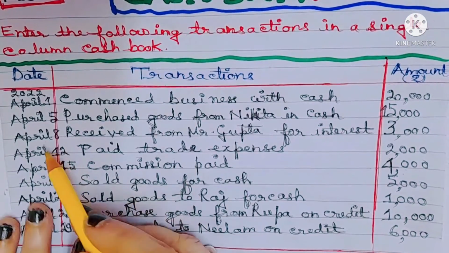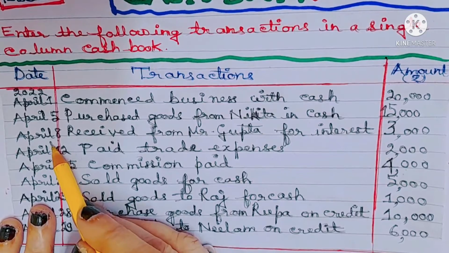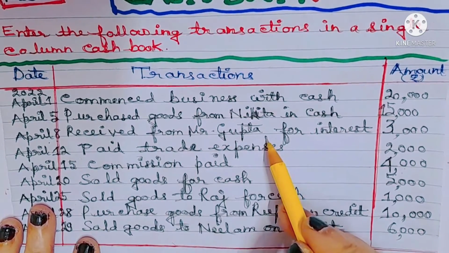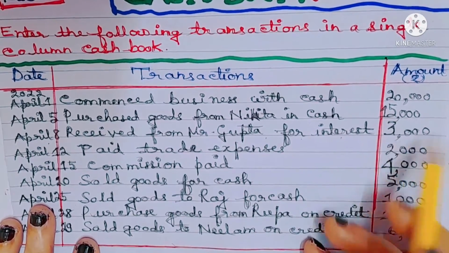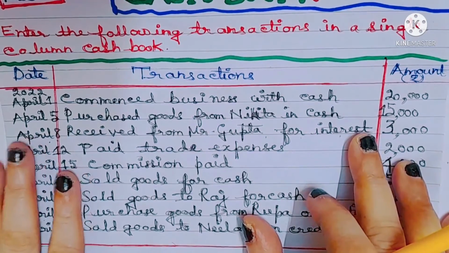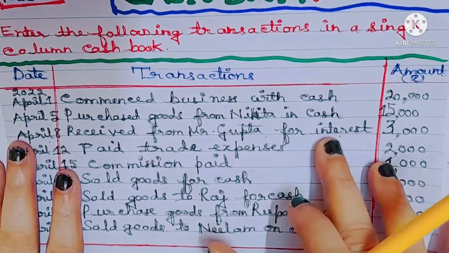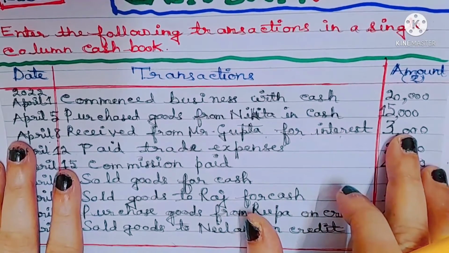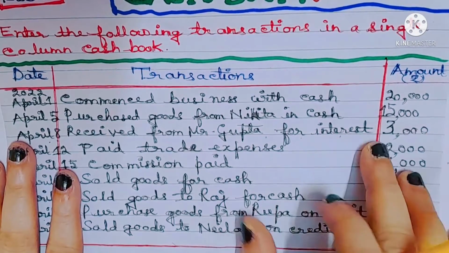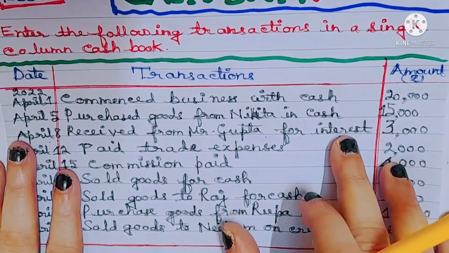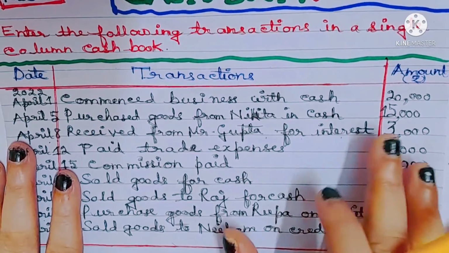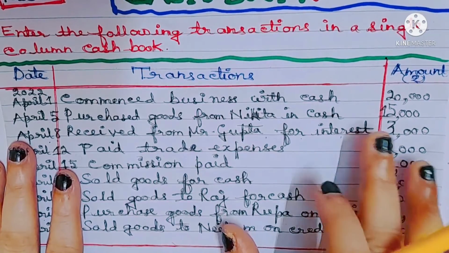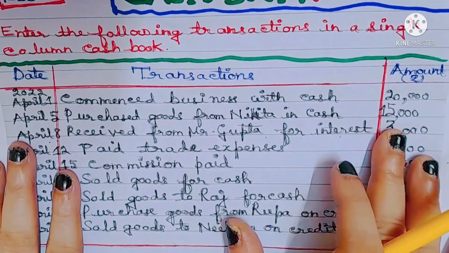The next transaction is on 8th April, received from Mr. Gupta for interest 3,000. So what will be the journal entry? The journal entry will be cash account debit to interest account 3,000. Okay. So what is the position of cash account? Since cash account is on the debit side, interest will be on the debit side too.